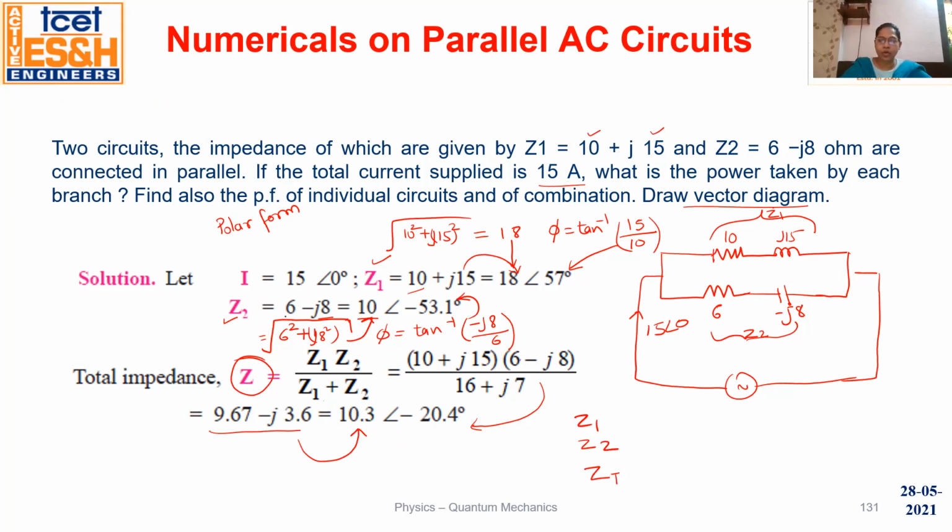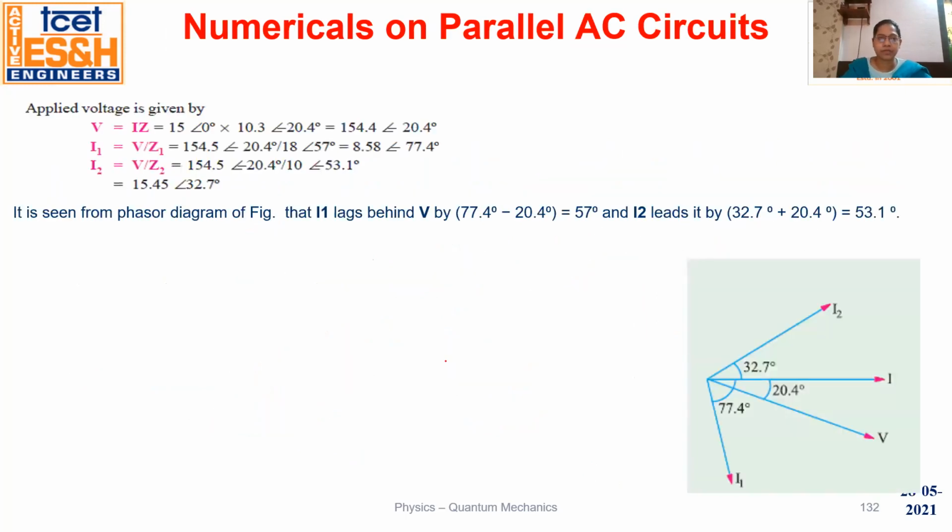Okay, now we have to calculate the power taken by each branch. It means we have to find out the currents separately also, I1 and I2. Now we have Z, so V and I. V is easily findable.